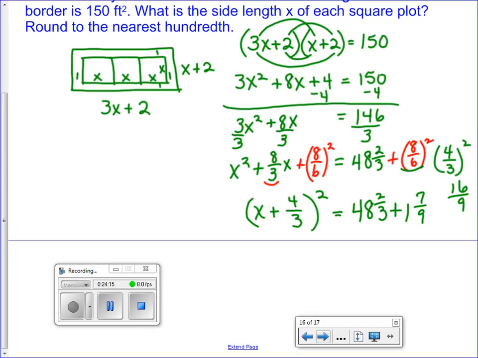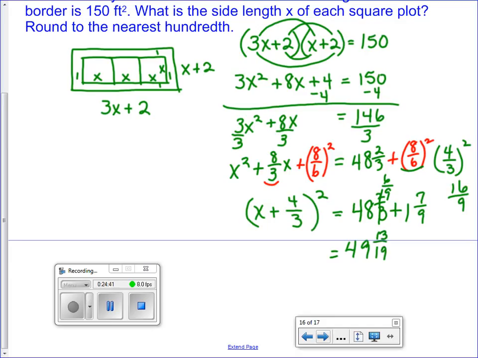All right, we need to go ahead and evaluate our expression on the right-hand side. So I'm going to change 2/3 to 6/9. That'll help us. So we have 48 plus 1 would be 49. 6/9 plus 7/9 would be 13/9.